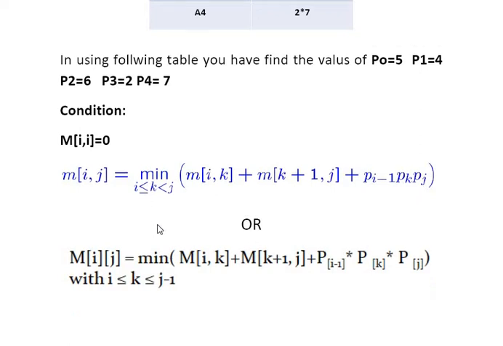Otherwise, we can show one different method, where the only change is i less than or equal to k less than or equal to j minus 1. So here we use less than or equal to, and here we use j minus 1. Both are the same. We use this condition to solve the matrix chain multiplication problem.